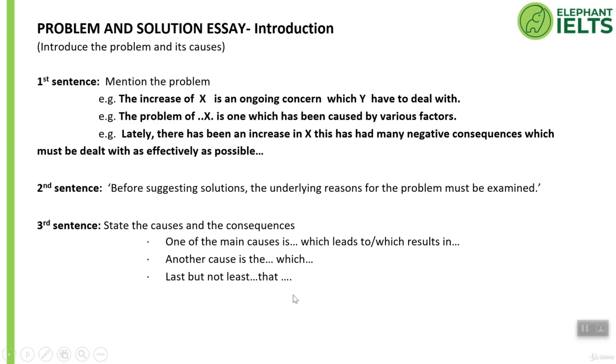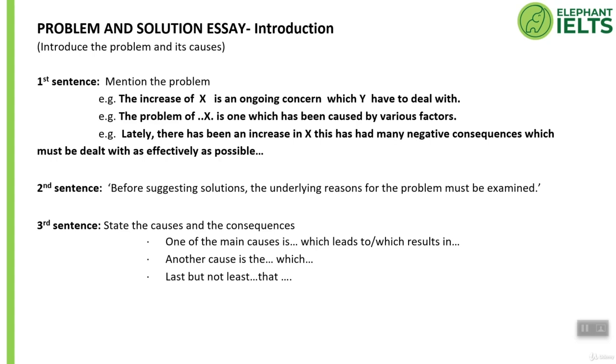And then you introduce the causes. I like to use 3 causes for the problem because in that way I have 3 main body paragraphs which combat those causes. And in that way I write enough words because remember we need to write around 250 words. So following this structure will ensure that you have enough words for your essay.